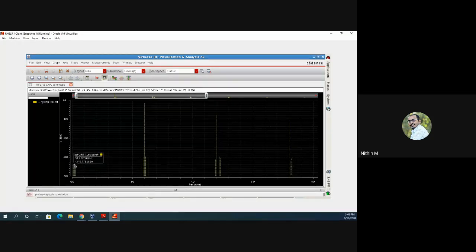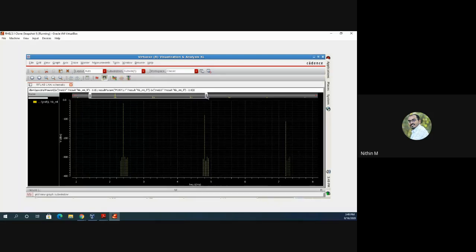So we have listed only the omega sum and difference components with respect to omega 1. I just gave run for 3 harmonics. This is the 2.4 gigahertz term, with minus 20 dBm as the amplitude. The input I have given is minus 40, so that means there is a 20 dB gain provided by the system.